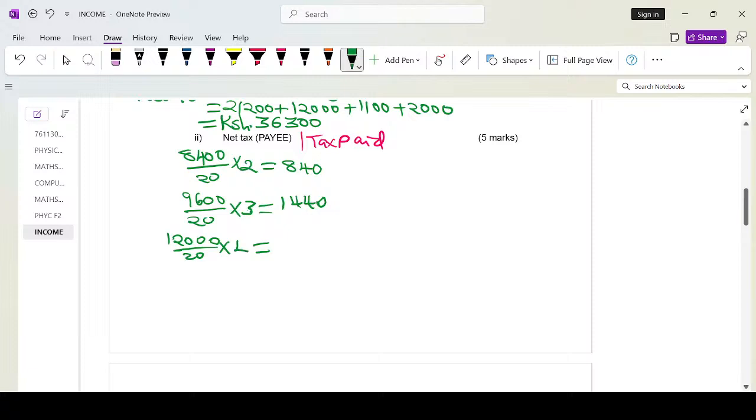That should be 4, and when you multiply, that is 2,400. Remember these values on our right hand side.